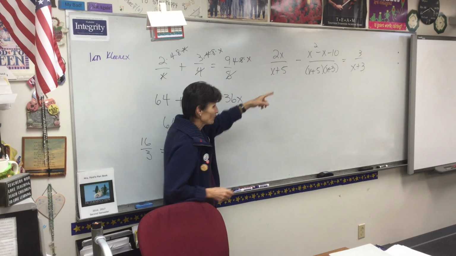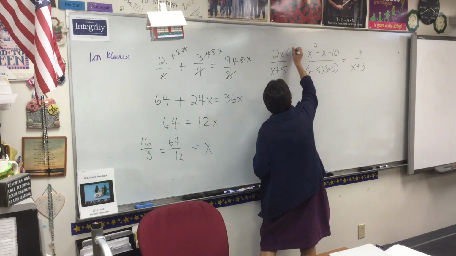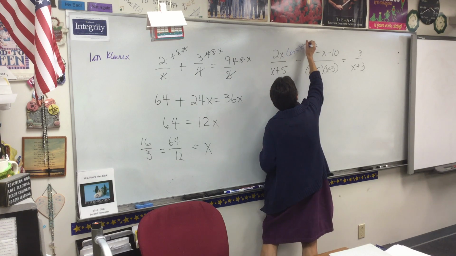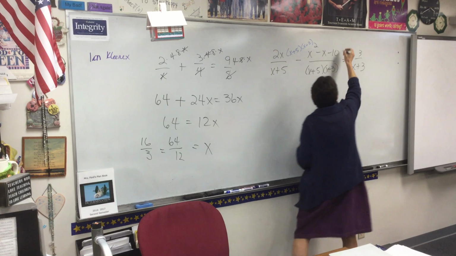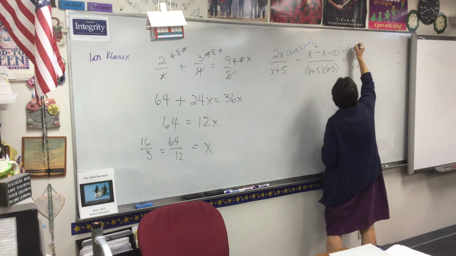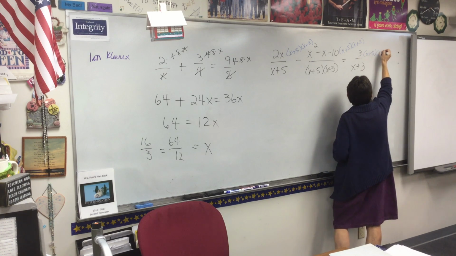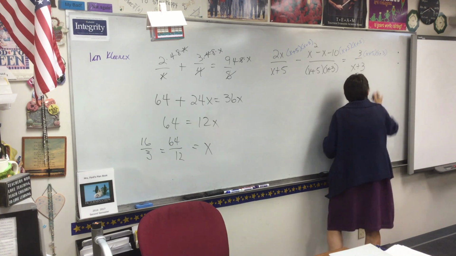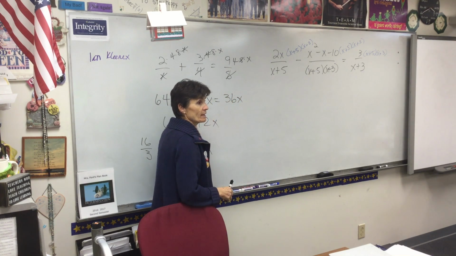That's exactly what we're going to do here. So I'm going to multiply by x plus 5 and x minus 3. Or plus 3, I'm sorry. X plus 5 and x plus 3. And just like this one, stuff's going to cancel.